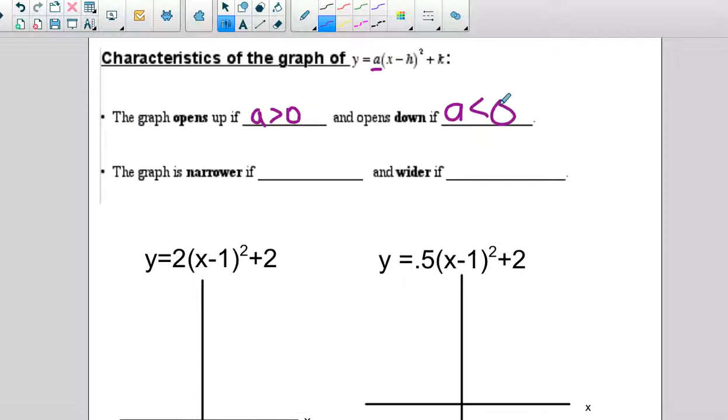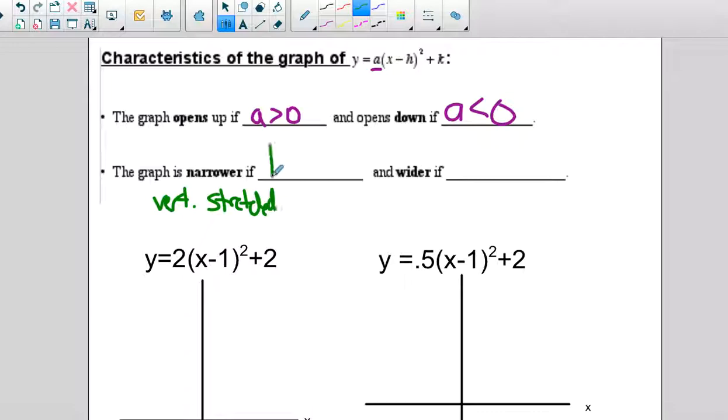It's narrower. We do use narrower and wider a lot, but really we should say it's vertically stretched. The graph is vertically stretched if, same thing as before, a is greater than 1.